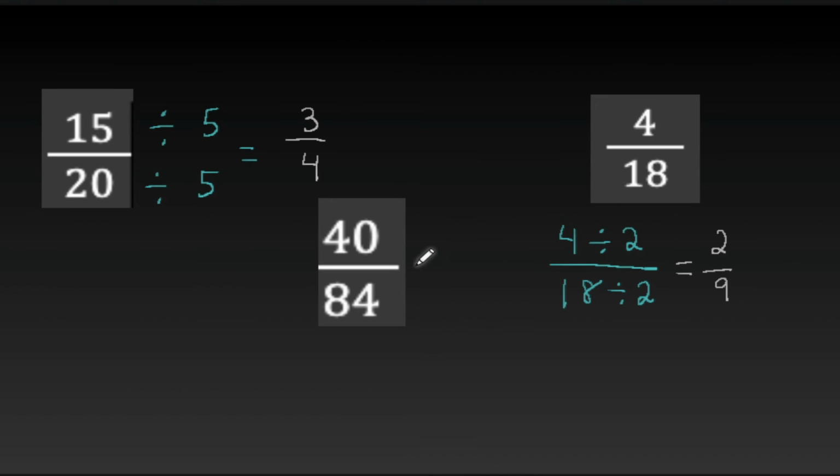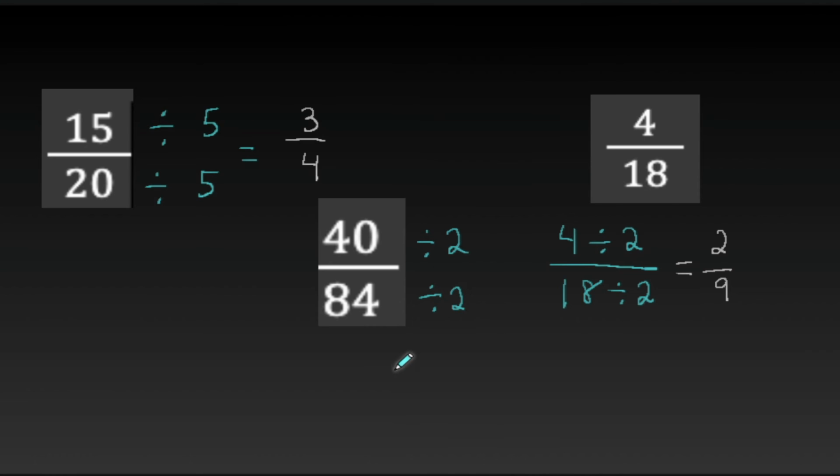But that's okay if you need to start off with the smallest even number for these numbers here. So let's go ahead and do that, and then I'll let you know that you can simplify further from that 2. So 40 divided by 2, and then 84 divided by 2.